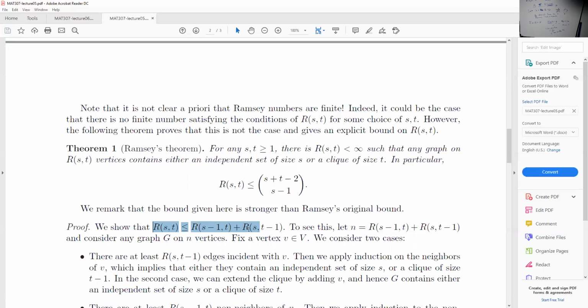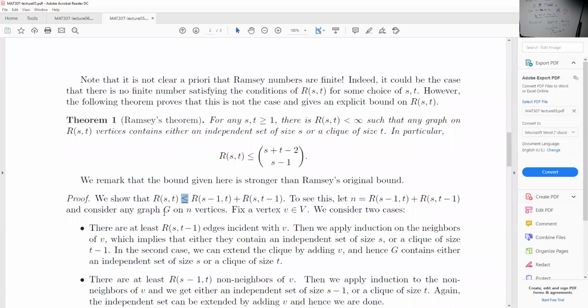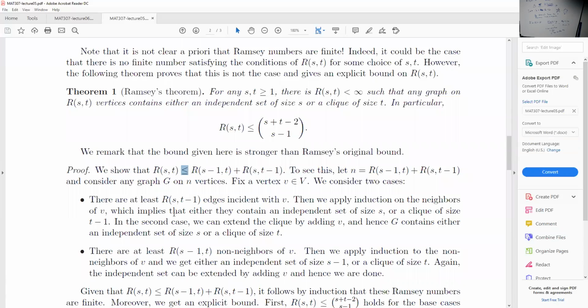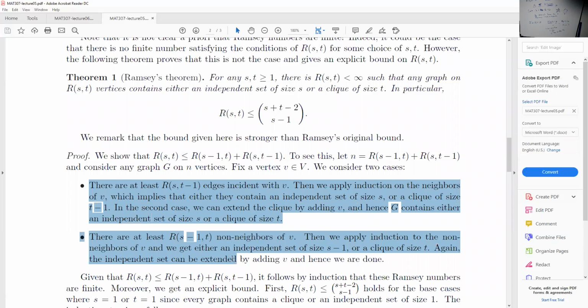If you look at this inequality, you see that it's related to the idea of a binomial coefficient. We have a certain triangle inequality instead of a triangle equality. And this whole theorem can be proven using a combinatorial argument in these two bullets, which is pretty cool.